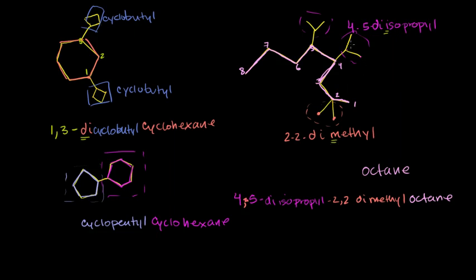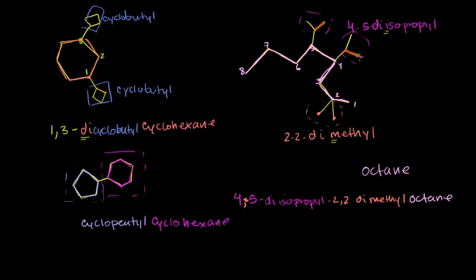You might remember that when we do iso or sec or tert, butyl or propyl or whatever, that's the common name. If we want the systematic name, we could start at where we are attached to the main chain and view that as 1, and then make the longest chain with that as 1. And so you could say that we have a chain there, and this would be both of these cases.